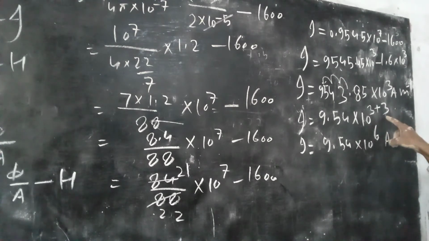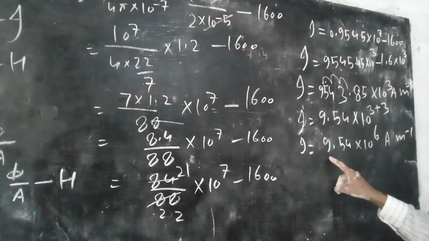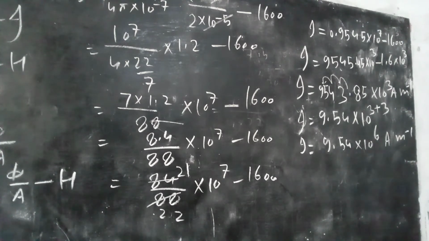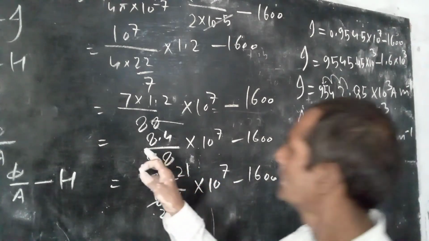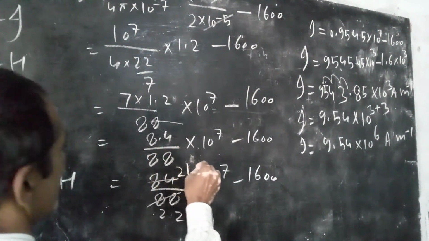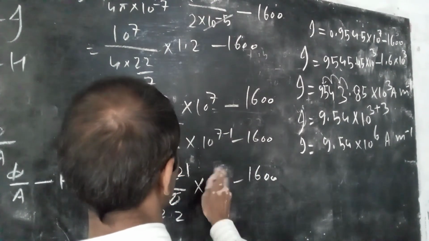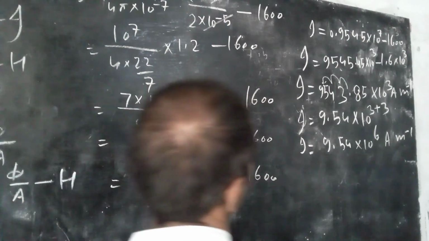After 3 4 5 there should be 3. So 9.5 3 4 534, in round figure 54, right? The power should be 5. See the power here, 0 here, 1 decimal, so this reduces 1 power of this, so this becomes 6.